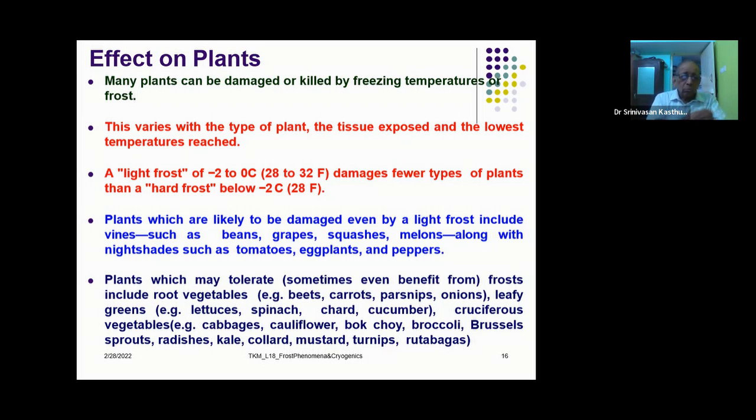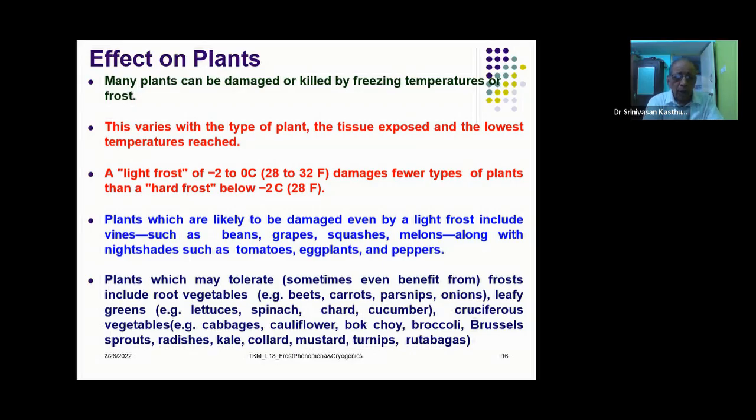Now, regarding the damage that happens in plants, it varies with the type of plant, the tissue exposed, and also the lowest temperature that is reached. A light frost of 2 degrees to 0 degrees can damage fewer types of plants, but a hard frost below -2 degrees can have more effect. More plants can be damaged by a hard frost.